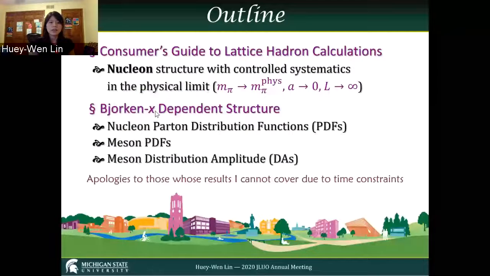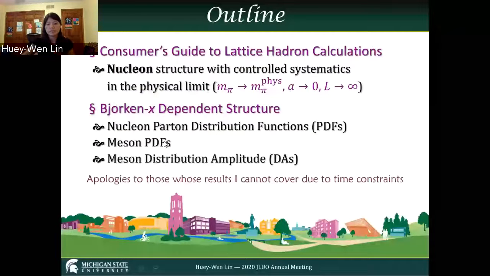I will get to the main points of this talk. I was asked to focus on the Bjorken-x dependence, and there is a lot of work related to the nucleon proton distribution function, especially from the pseudo-PDF and quasi-PDF approaches. I also want to mention the meson PDF a little bit if I have time, and there are a lot of latest calculations going on in these topics.